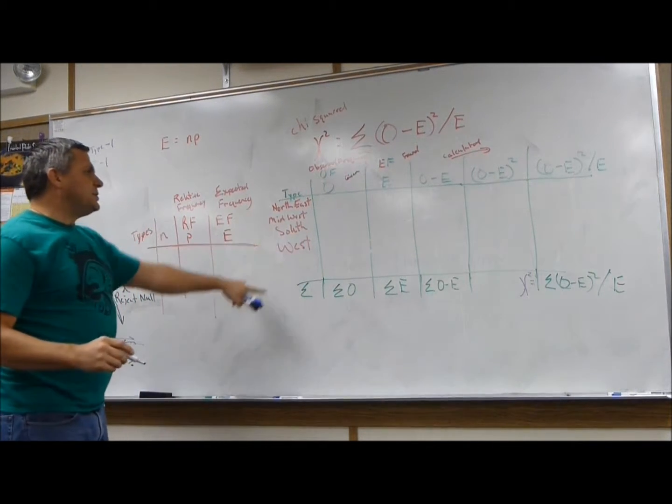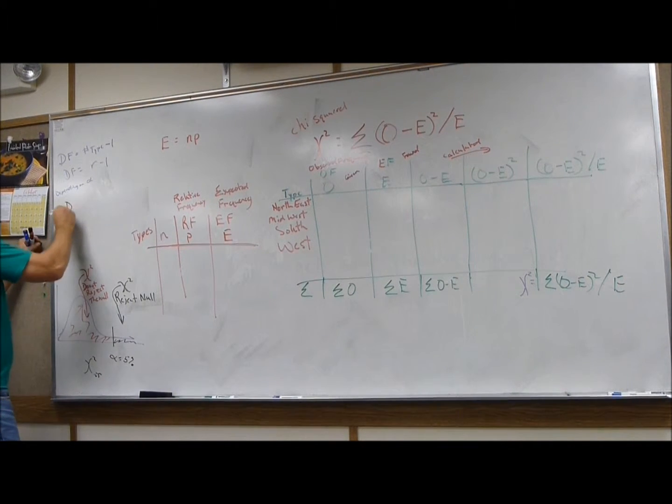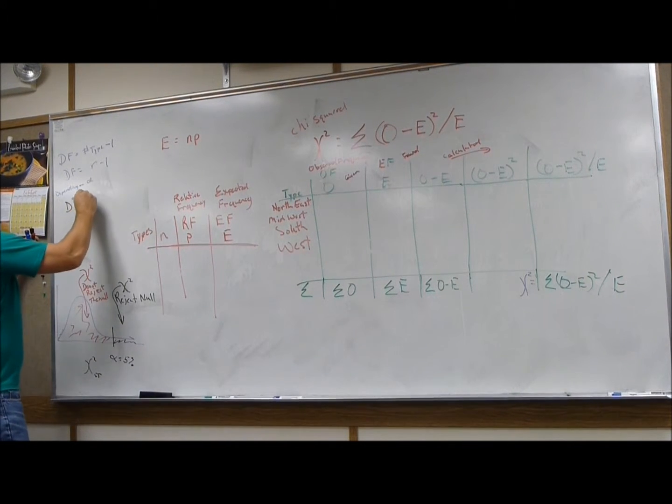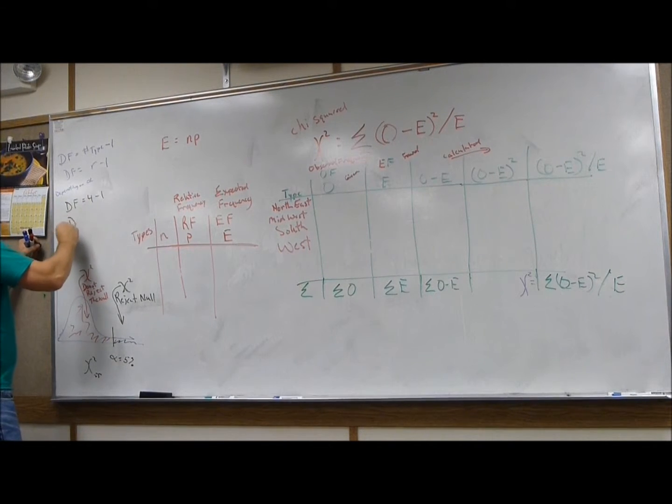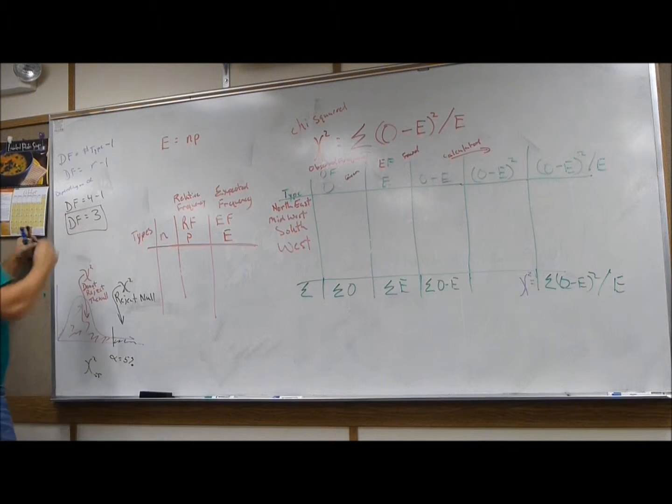So right here it tells us how many types there are. So we know that our DF is equal to 4 minus 1, so our DF is going to equal 3. We know what our DF is already.